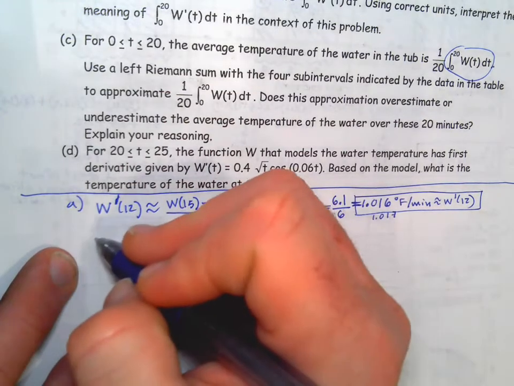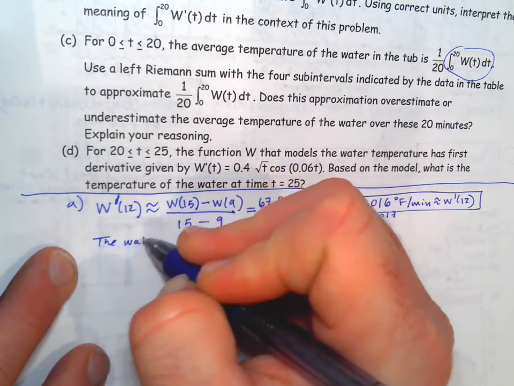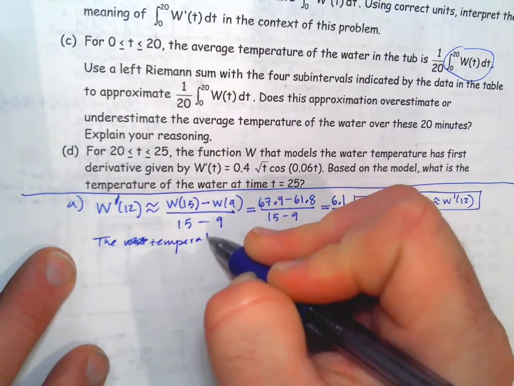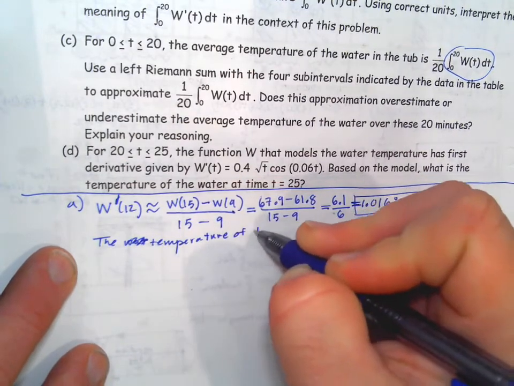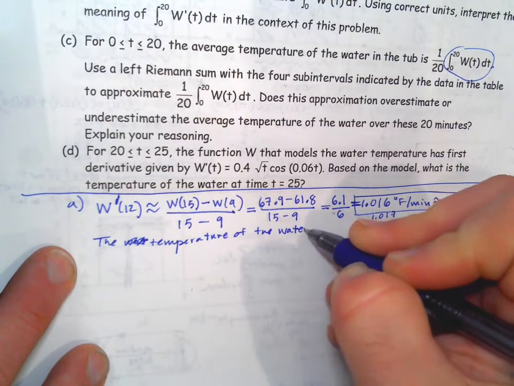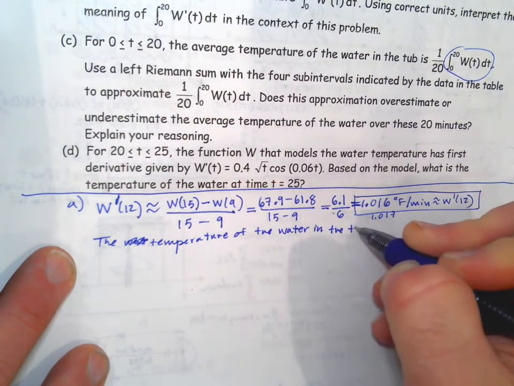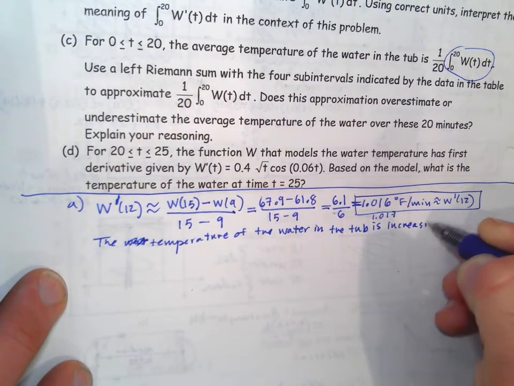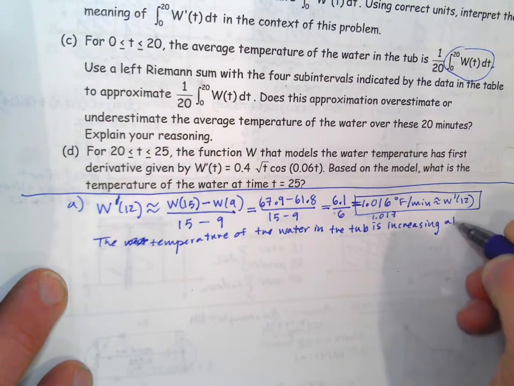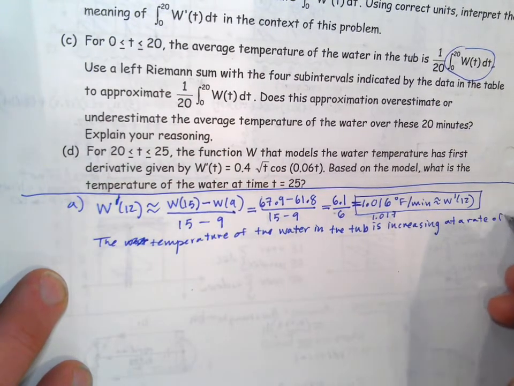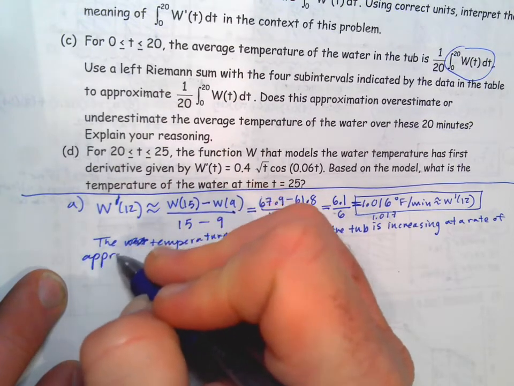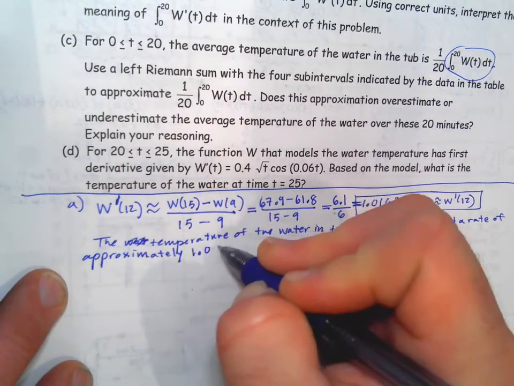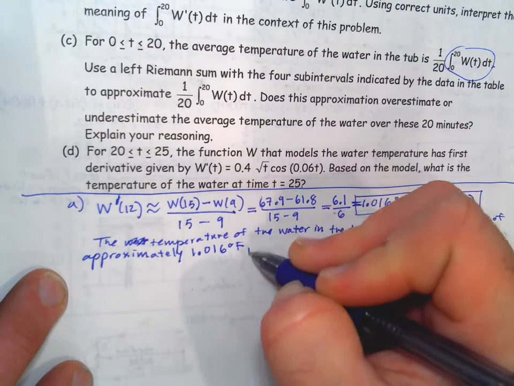So in the context of the problem, we've got to say the temperature of the water in the tub is increasing at a rate of approximately 1.016 degrees Fahrenheit per minute.